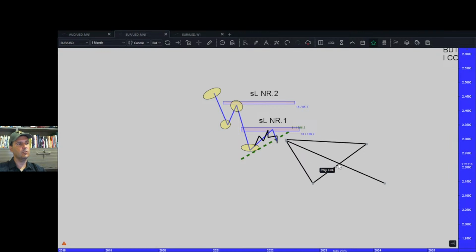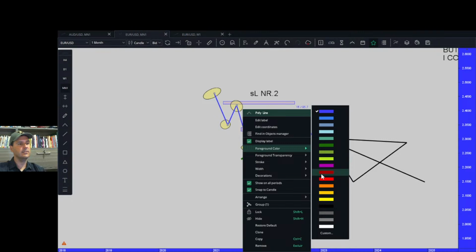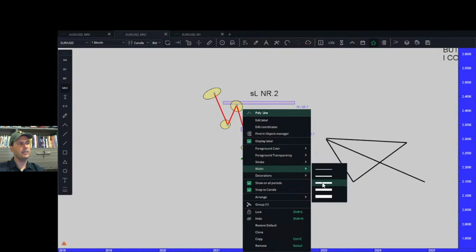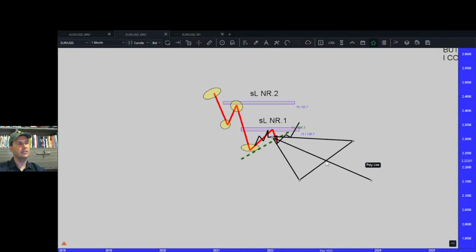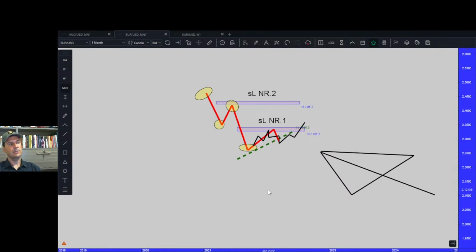So if you put the stop loss on stop loss number 1 and the market stops you out, did the downtrend, the pattern called downtrend, change? Yes it did. No it didn't. Focus on the circles.